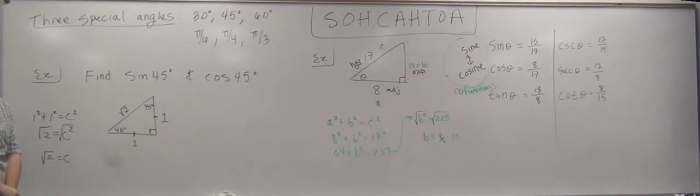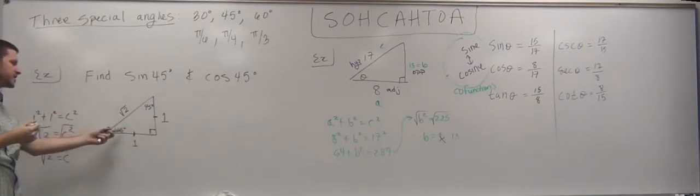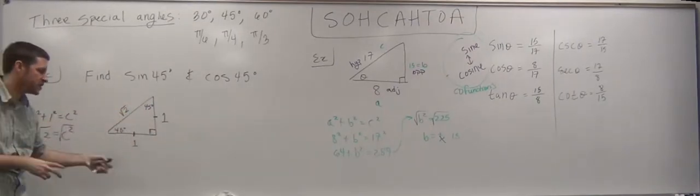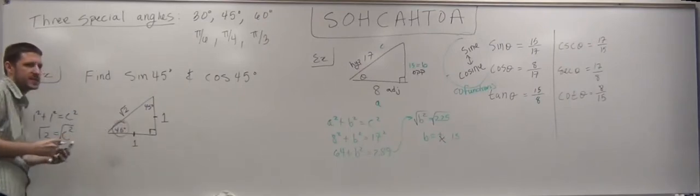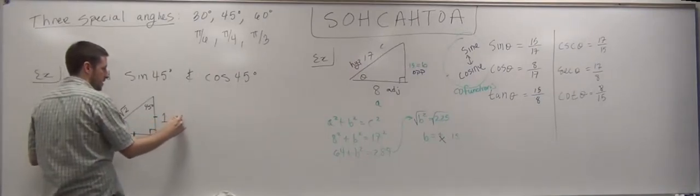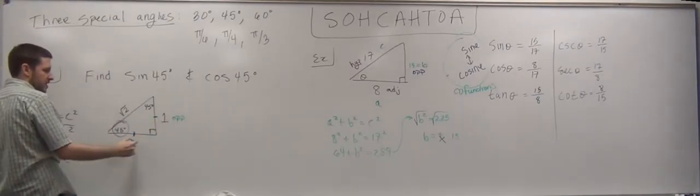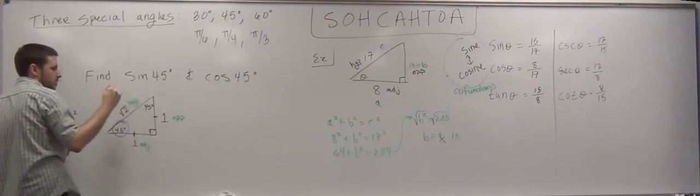And now we can calculate our values. Because these are both 45, it doesn't matter which angle you focus on, because it's going to be exactly the same. But say we focus on this angle. Then this guy will be opposite. This guy will be adjacent. This guy will be hypotenuse.